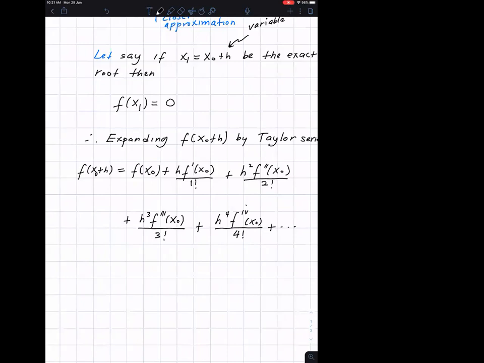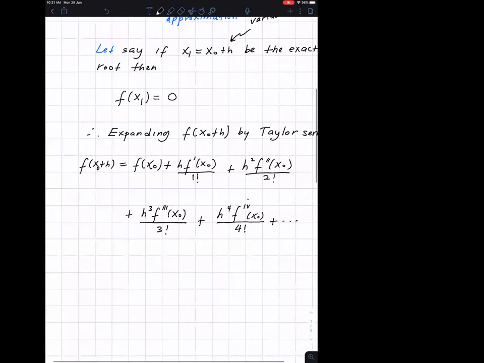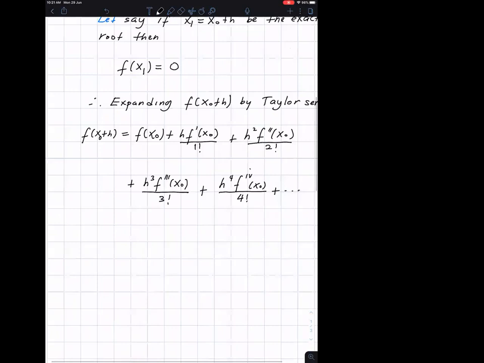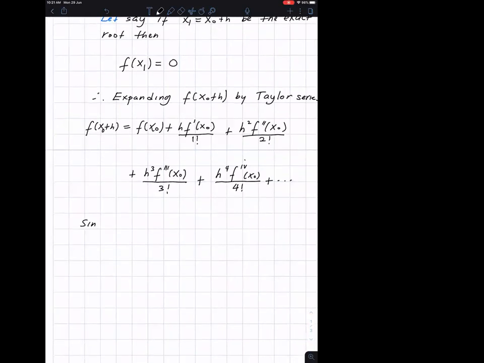Since h is small, h is a small step, you can neglect higher order terms.